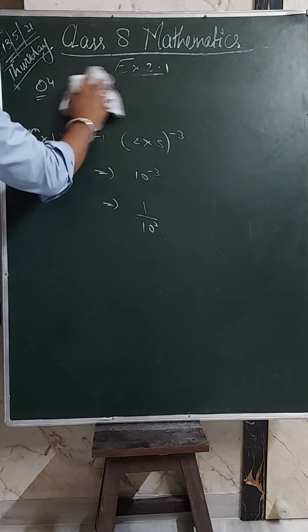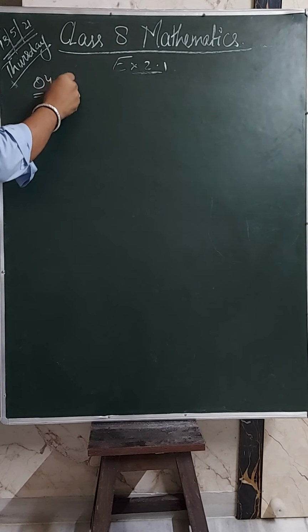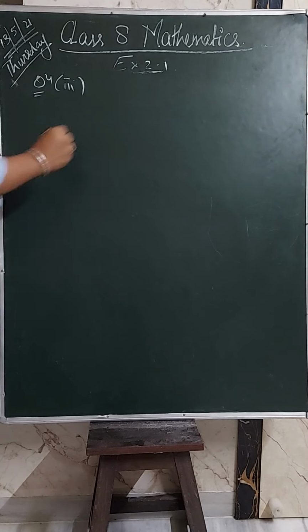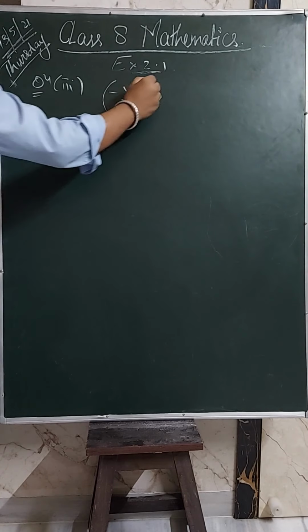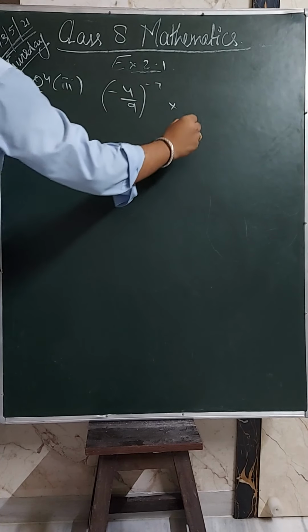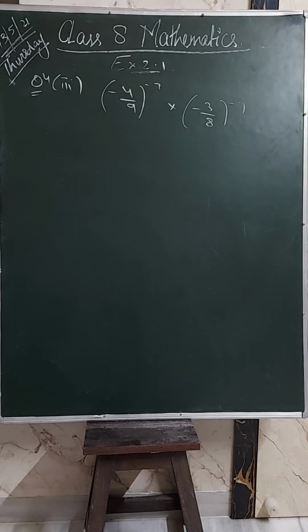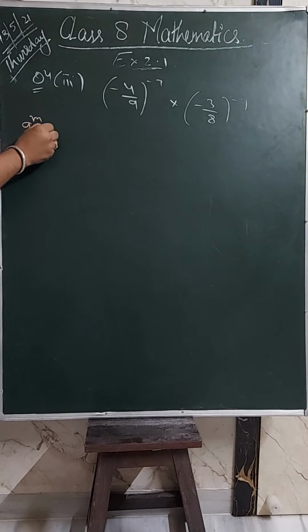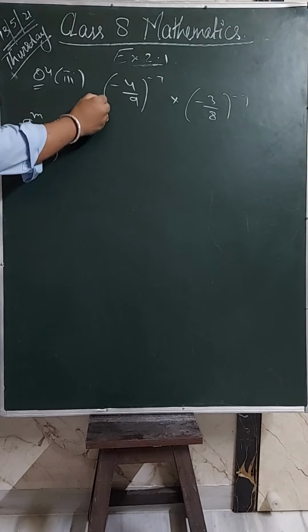Third one part. That (-4/9) whole power -7 multiply (-3/8) whole power -7. So here a^m into b^m, we can write (ab)^m. This property we will use.